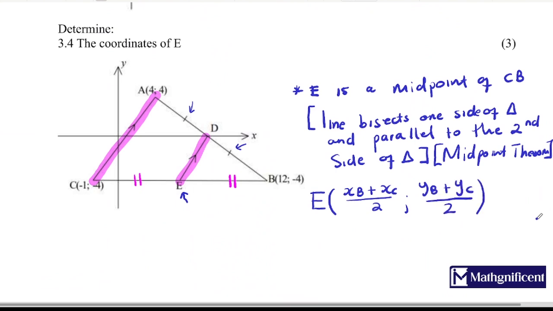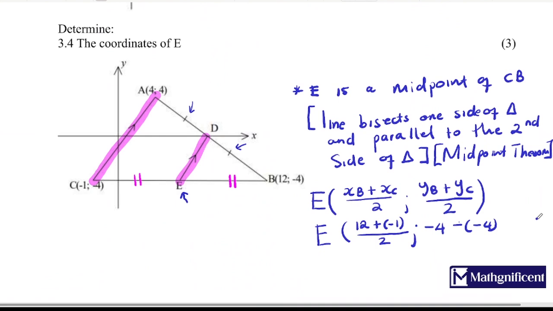Then we substitute the values of B and C here: the X value of B is 12, the X value of C is -1, then we divide this by 2, then the Y value of B is -4, and the Y value of C is -4, and we divide this by 2.